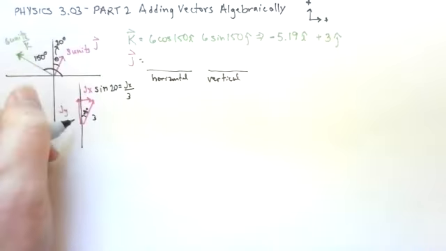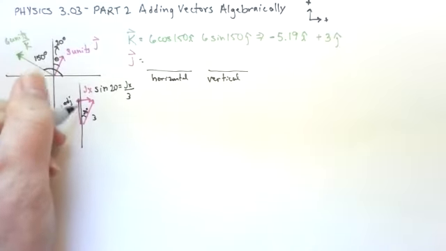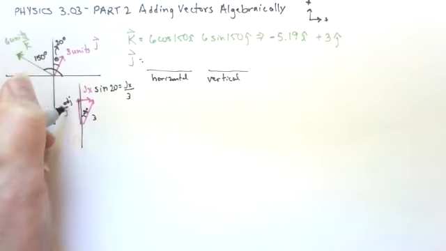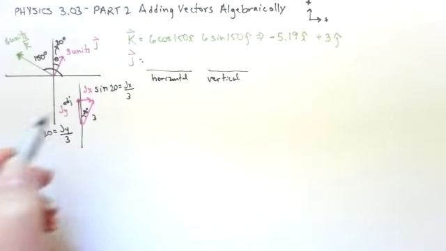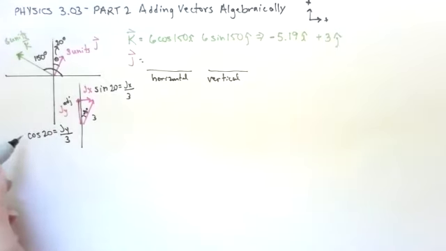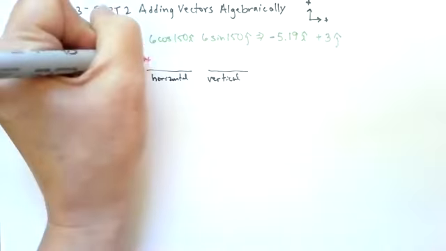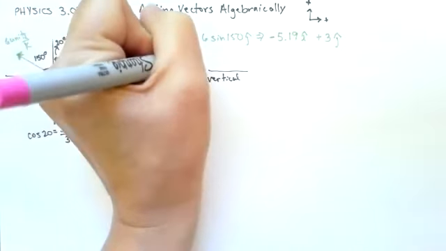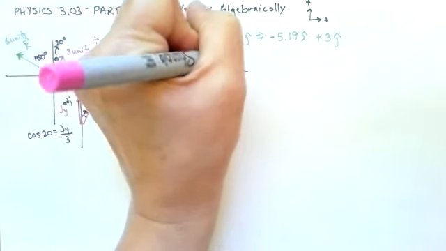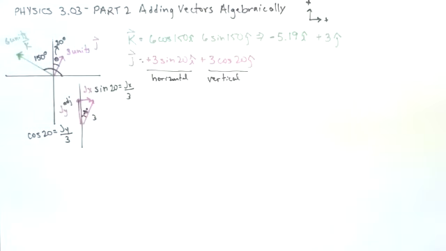And for the vertical, this is adjacent, so cosine of 20 is JY over 3. Now, they're both positive. So when I write these in, I now have positive 3 sine 20 i, and positive 3 cosine 20 j.